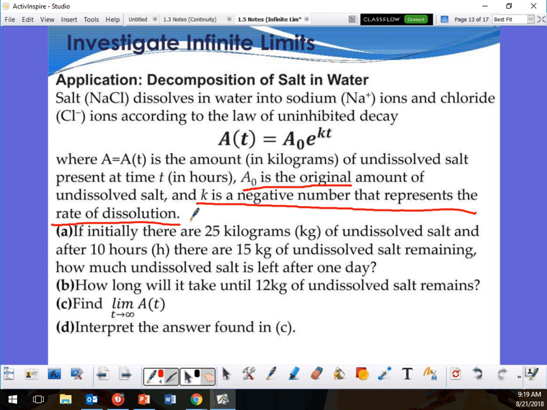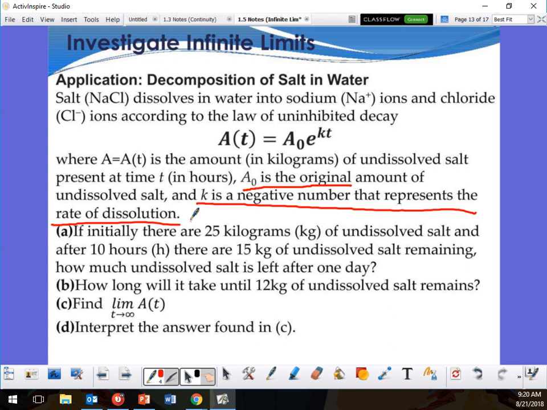It's going down. If we were doing microorganisms or bacteria, that's exponential growth, so that would be a positive number. That's the point we're trying to get at. If it is a growth, it would be positive. If it's a decay, it's negative.